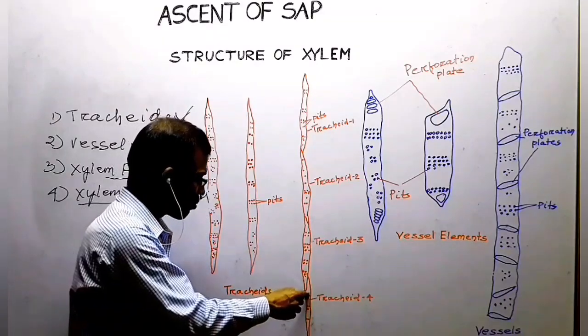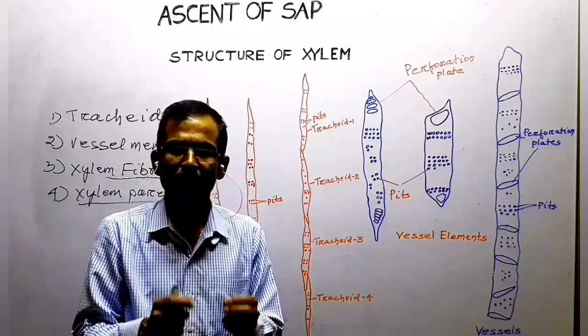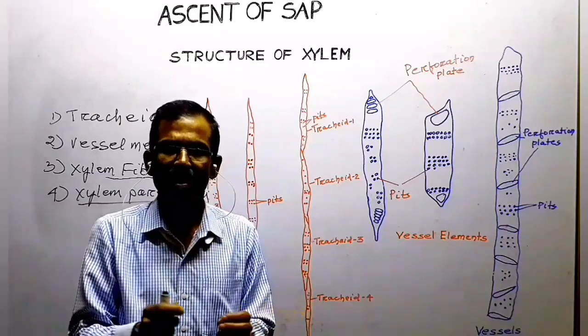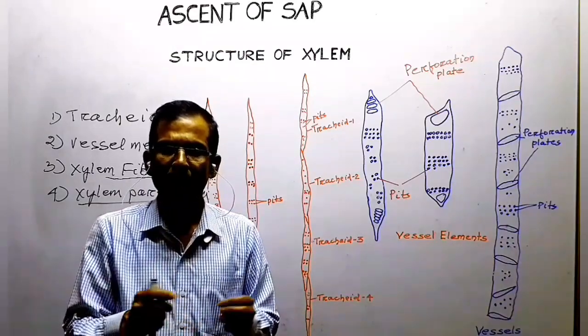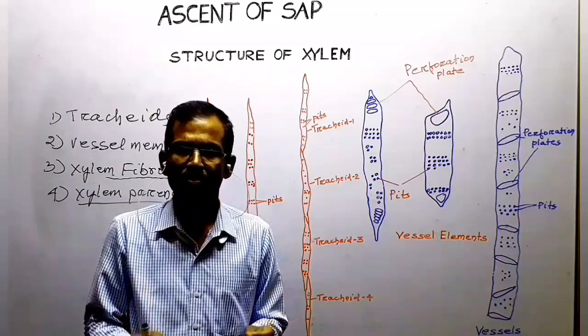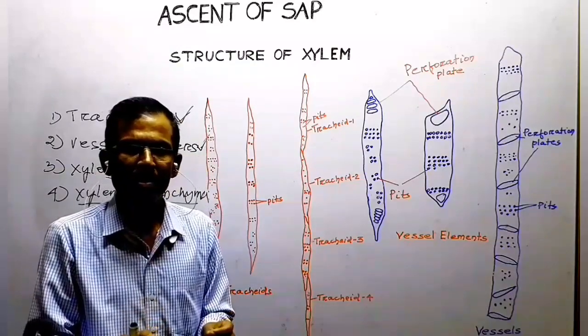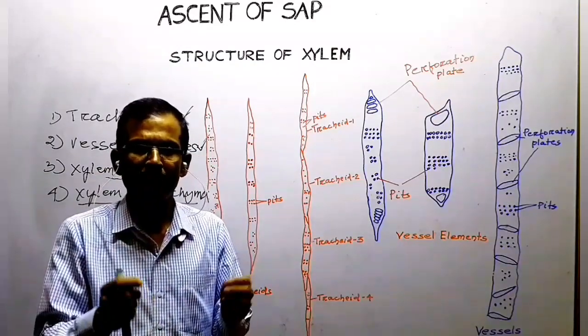The pits of one trachea are typically located opposite the pits of adjacent tracheae, thereby forming pit pairs. These pit pairs, because of porous pit membrane, form a low resistance path for water movement.